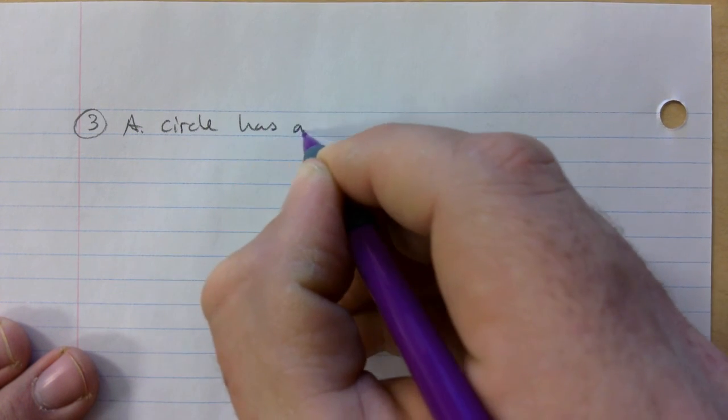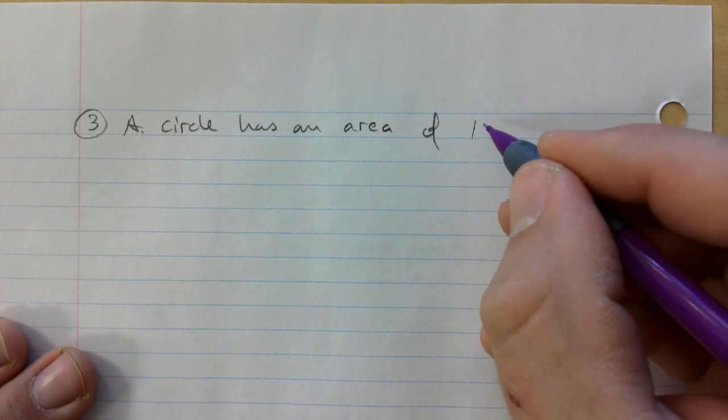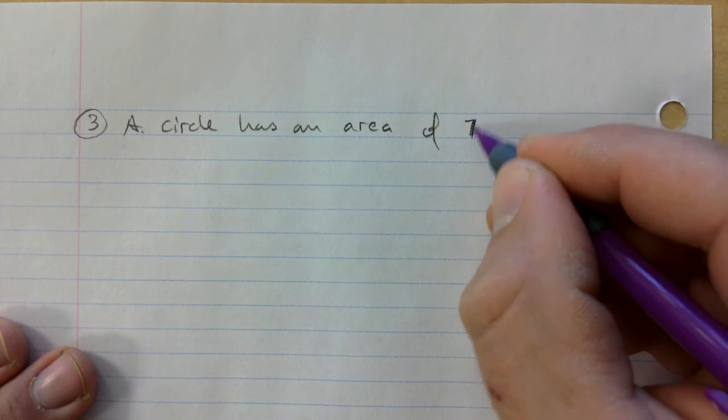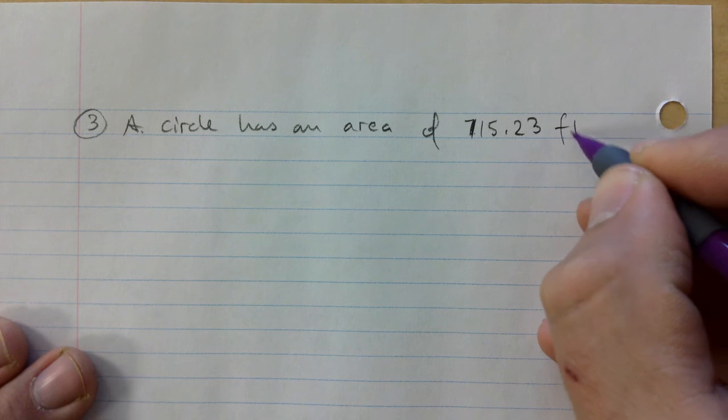A circle has an area of 715.23 square feet.